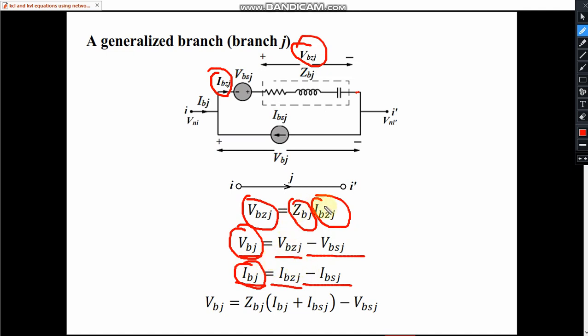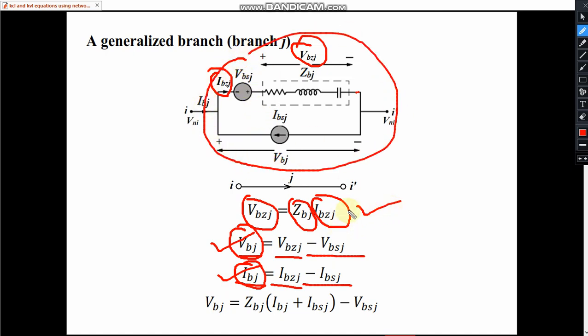So this is the relationship between voltage and current in this impedance, and we want to find out the relationship between branch voltage and branch current for this whole branch. So by having these two things, we can convert them.